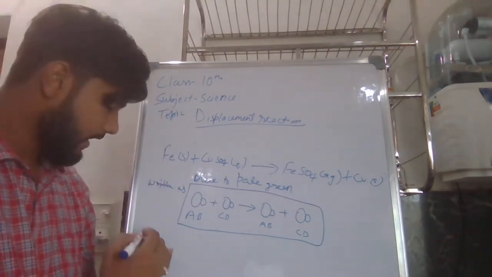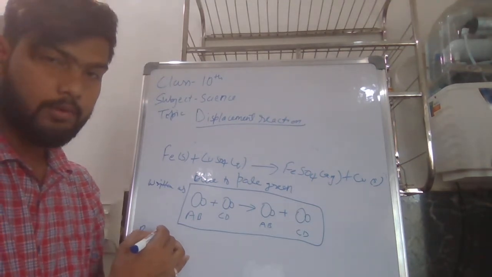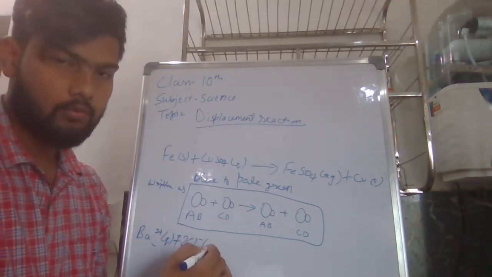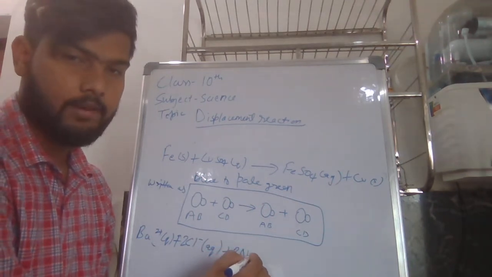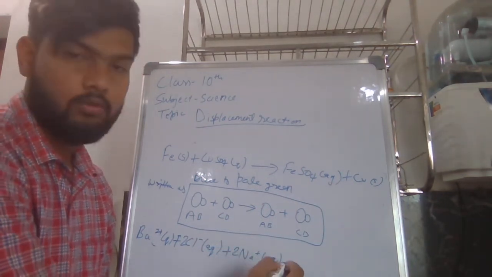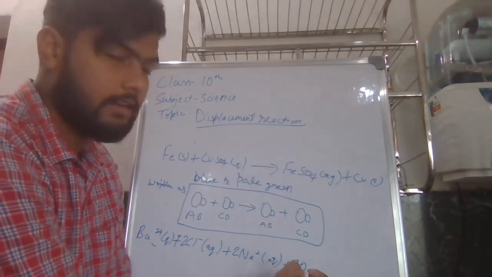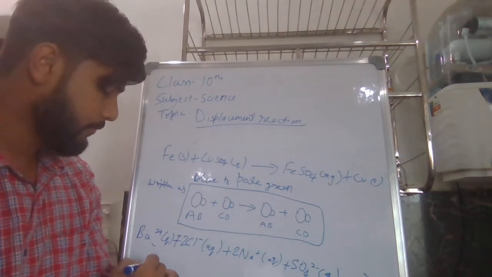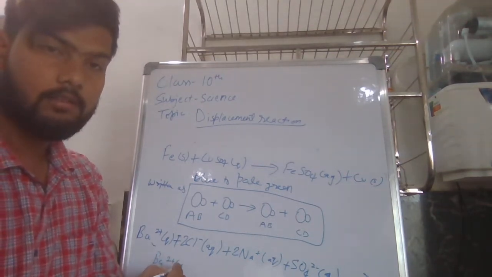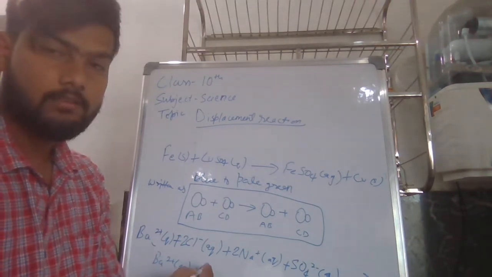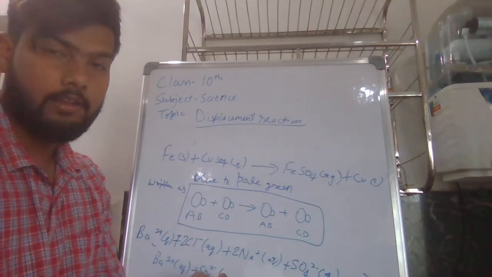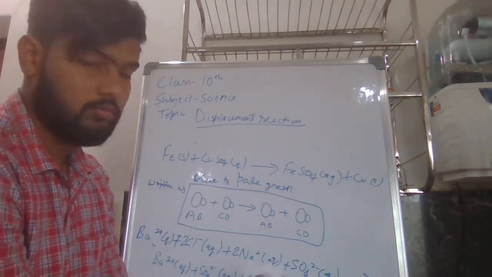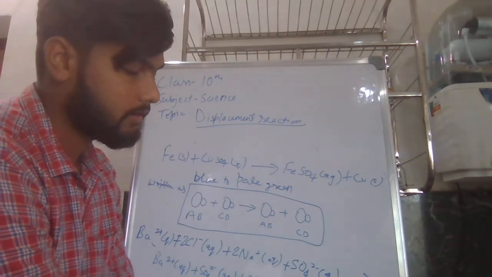So here the equation will be: Ba2+ (aq) + 2Cl- (aq) + 2Na+ (aq) + SO4 2- (aq). These are the reactants. The products are BaSO4, which is white, along with 2Na+ (aq) and 2Cl- (aq).